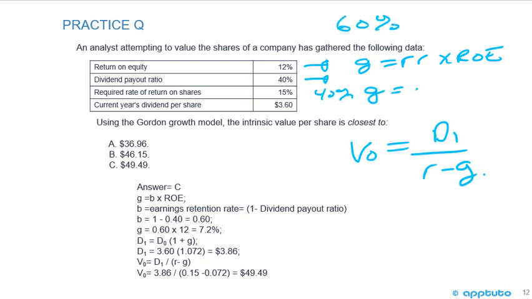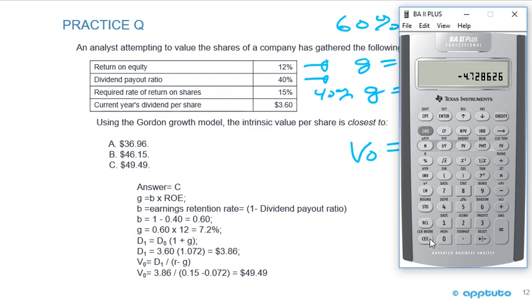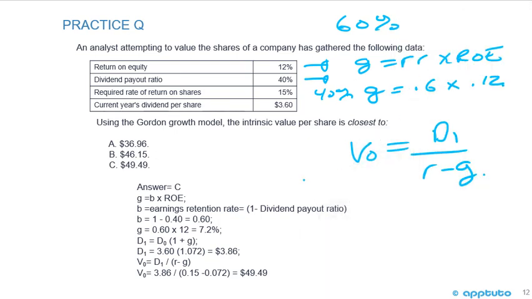So G equals 0.6 times 0.12, correct? If I just bring up the calculator very quickly, 0.6 times 0.12, I've got a G of 0.072, or 7.2%. So that's easy. Let's just go here. G equals retention rate times ROE.